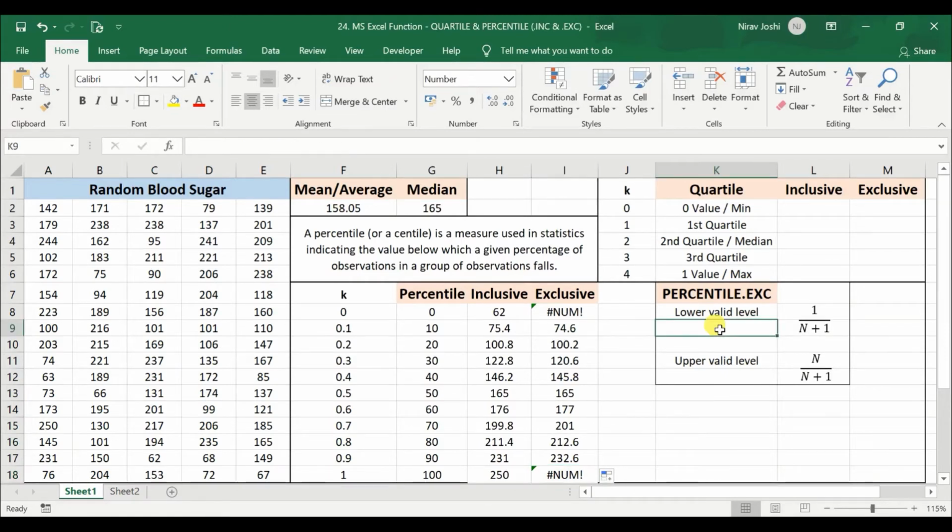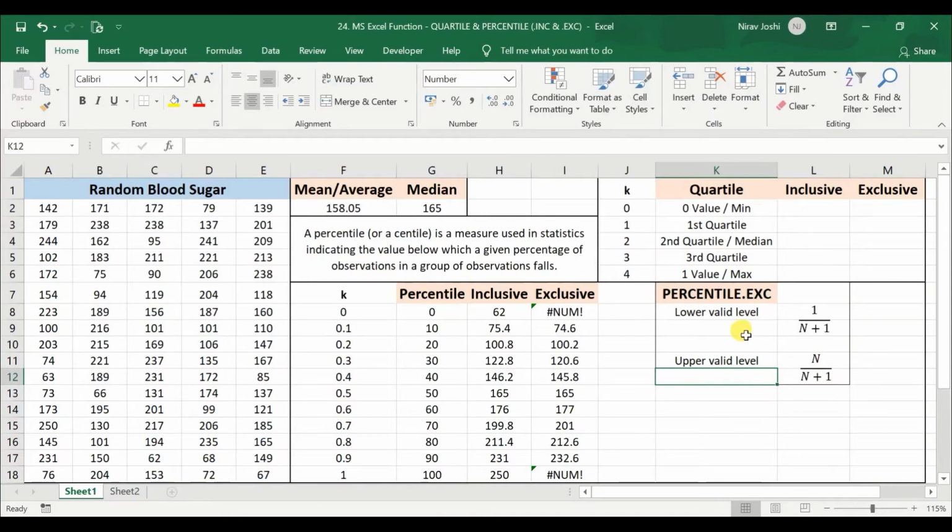To calculate this lower valid level, you can calculate based on the formula 1 divided by n plus 1, that is n would be the total number of sample or observations, and the upper valid level can be calculated by the equation n divided by n plus 1.